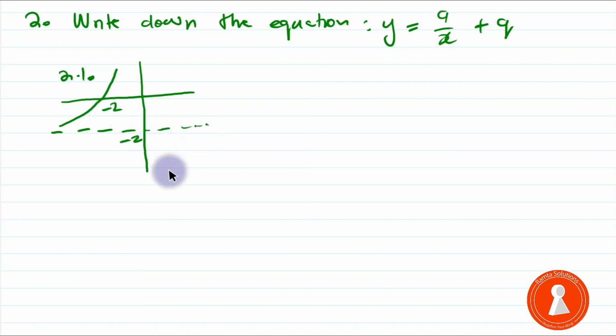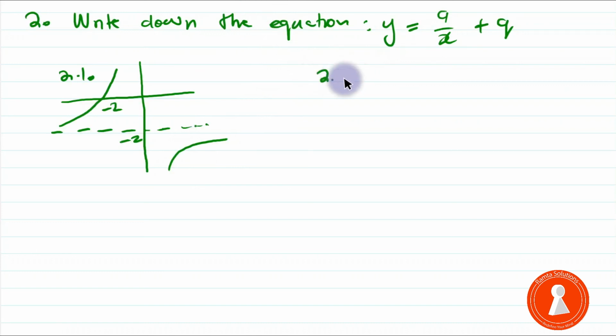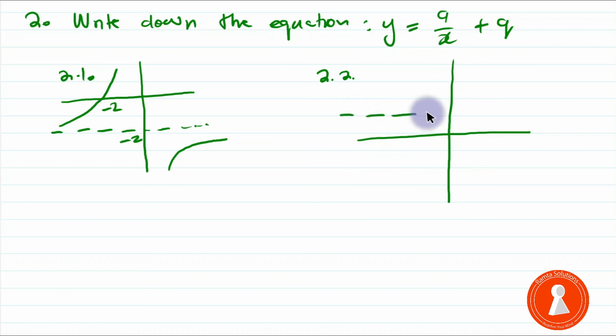And then 2.2, we have this point here is -1 and 2, and then this point here is 1. So let's see. I should have used a different color, but it's okay.